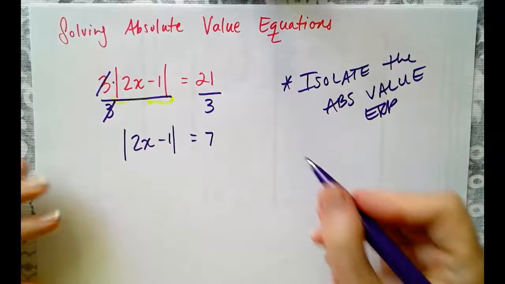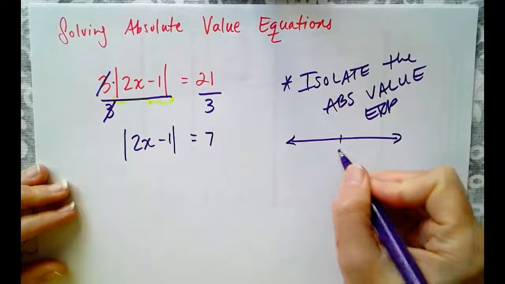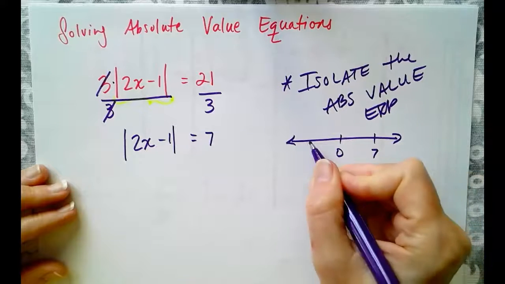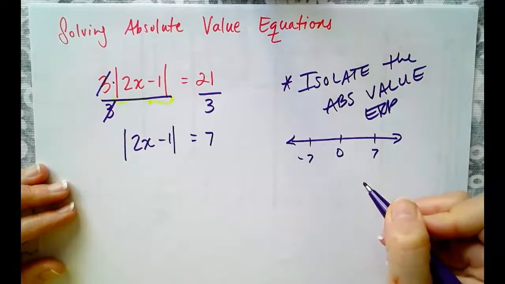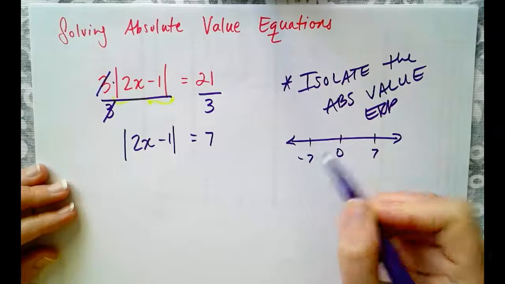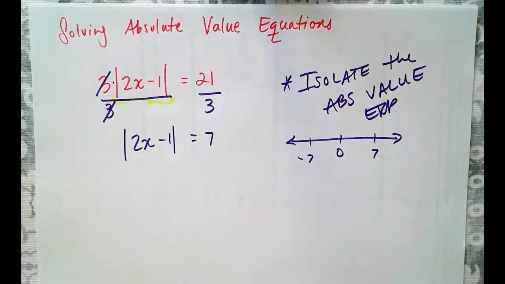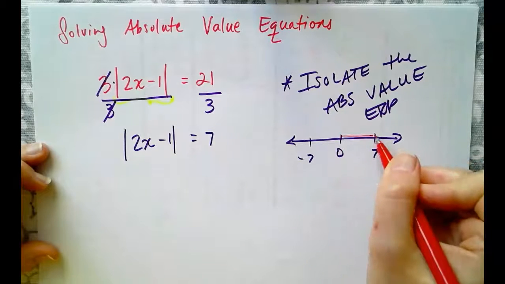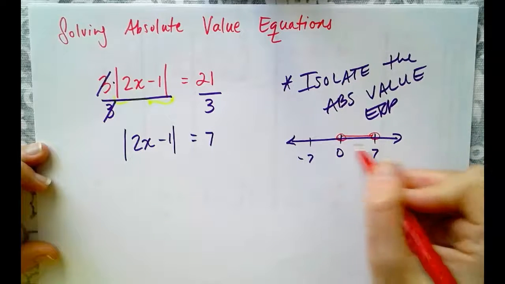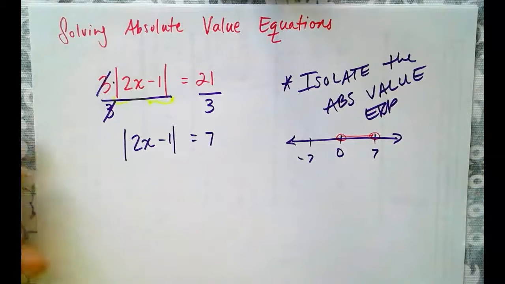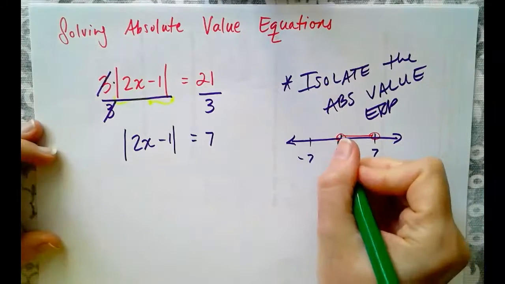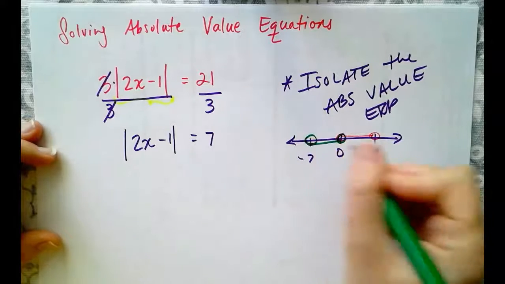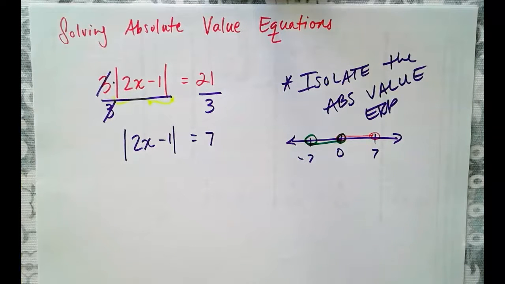Well, if on the number line 0's in the middle, 7 is to the right, negative 7 is to the left, the absolute value that is equal to 7 could be positive 7 because that's 7 units away from 0, or the absolute value that's equal to 7 could be in the negative direction because that's also 7 units away from 0.